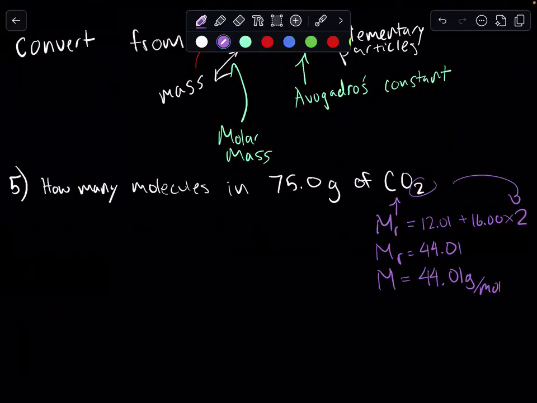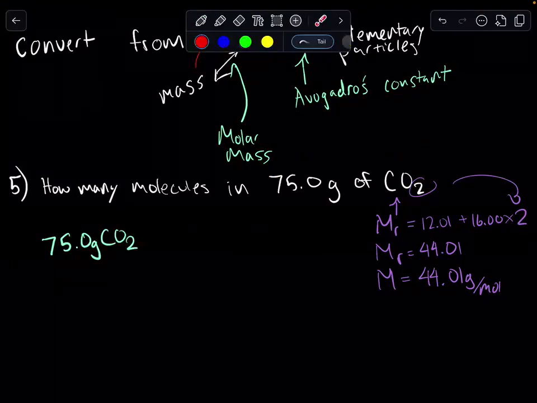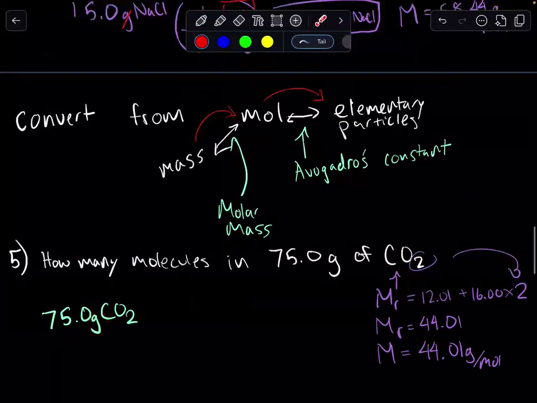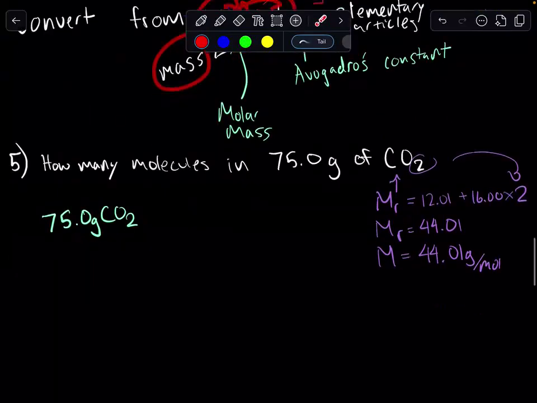All right. Now, I notice that I'm starting with a mass. So I'm going to go ahead and write my given, 75.0 grams CO2. I do not want grams. I want molecules. So looking here, I first must convert my mass to a mole value.